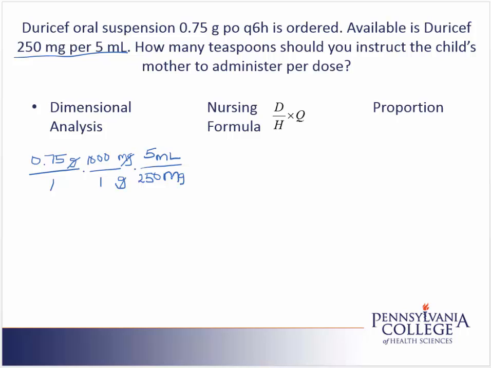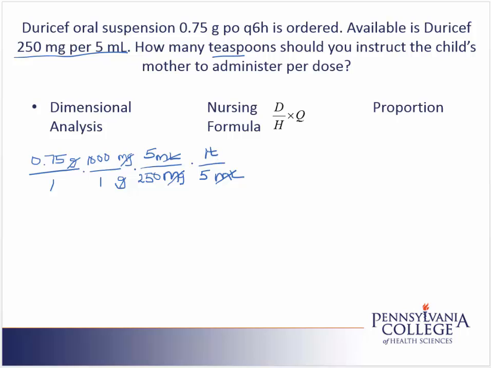This allows me to cancel milligrams. However, my problem asks me how many teaspoons, so I need to convert to teaspoons. I'll put milliliters in the denominator, and I have memorized that there are 5 milliliters per 1 teaspoon. This allows me to cancel the label of milliliters.